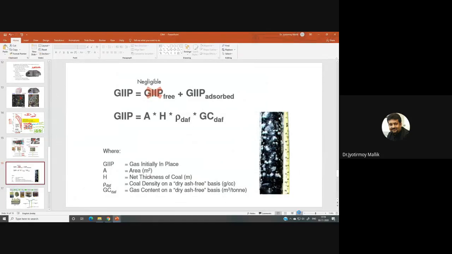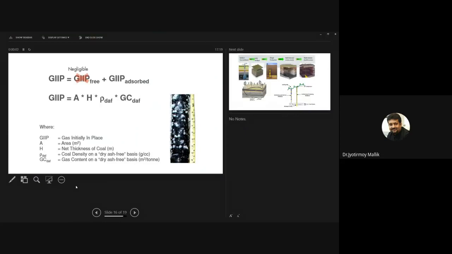So how would you calculate gas initially in place for coal bed? You cannot exactly use the same formula as for conventional gas. There is a slightly different formula. The total GIP has two components: GIP free, the amount of free gas which is present in the cleat system, and that you can essentially neglect.